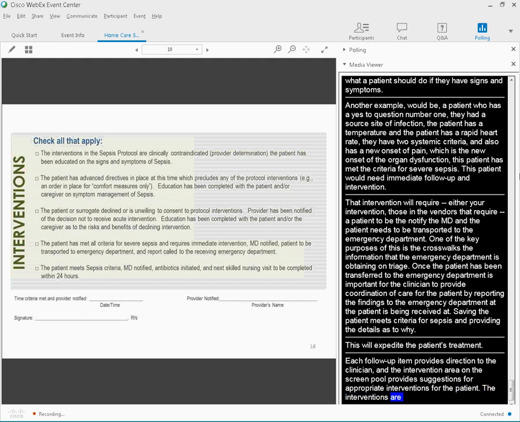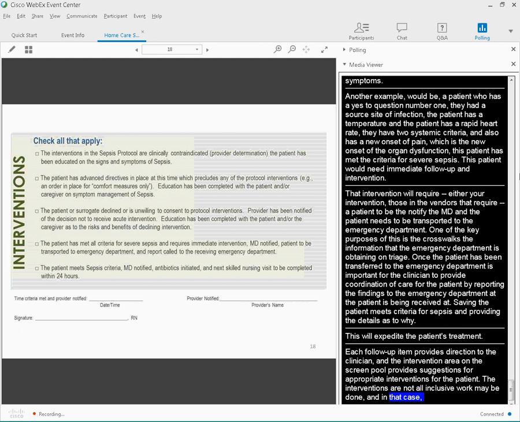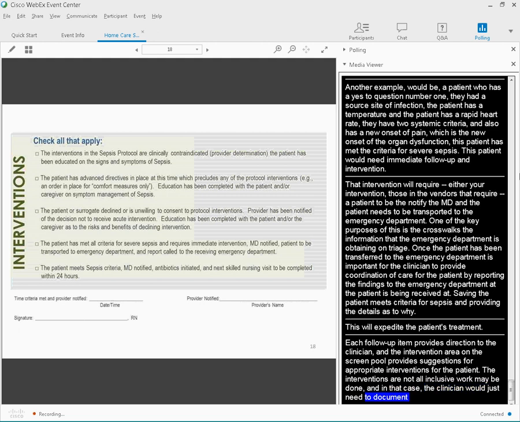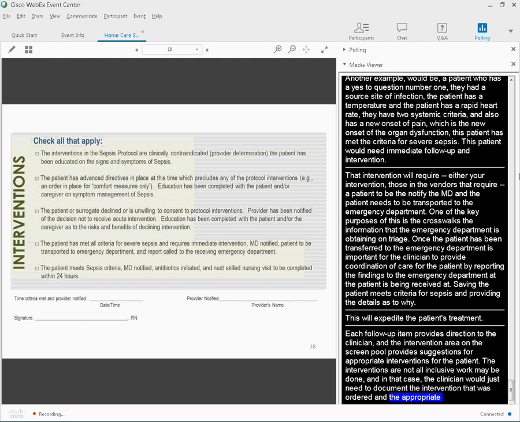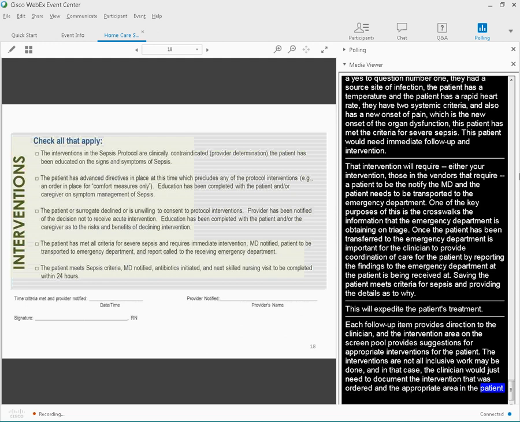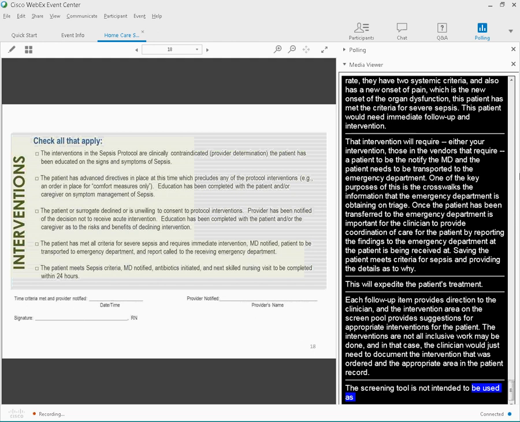A doctor may order an intervention that is not on the screen tool, and in that case, the clinician would just need to document the intervention that was ordered in the appropriate area in the patient's record. The screen tool is not intended to be used as standing orders for a provider. It is an SBAR tool and may be sent to a provider for communication as appropriate.